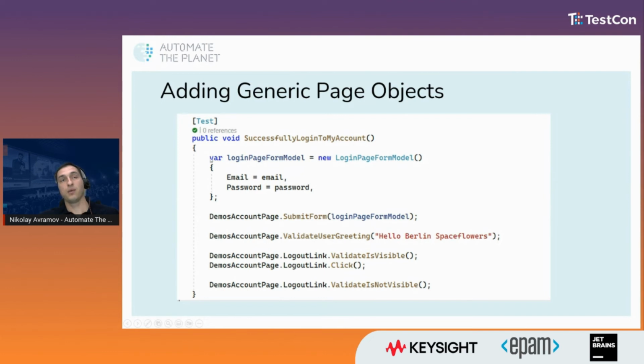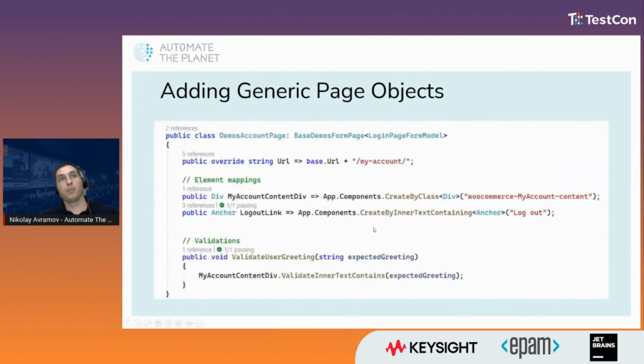And this model, we're just passing to the submit form method, which is handling the setting of the data into our form. After this has finished, we can validate the greetings, we can validate the logout links, click and do all the rest of the stuff we need. But we don't have any locators here visible on the page.